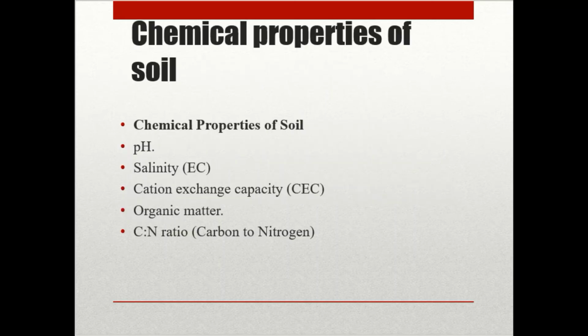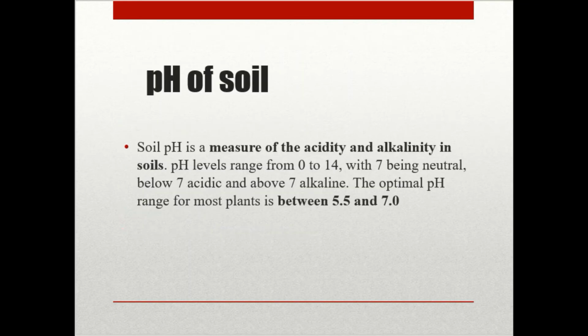Now we are going to discuss chemical properties of soil. Chemical properties of soil are usually concerned with pH value, salinity, CEC value, organic matter, and carbon to nitrogen ratio. pH of soil.